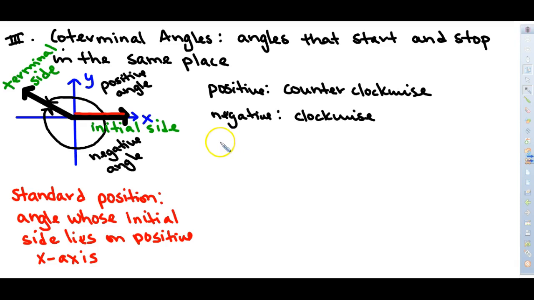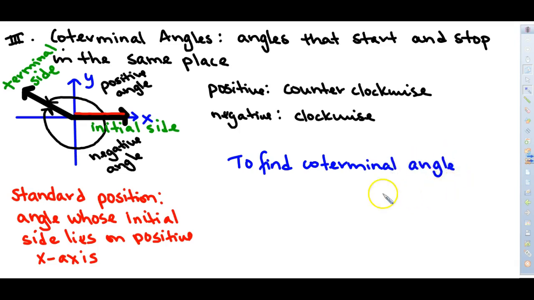In order to find coterminal angles, it's very simple, and it's all based on the fact that you have 360 degrees in a circle or 2 pi radians in a circle.